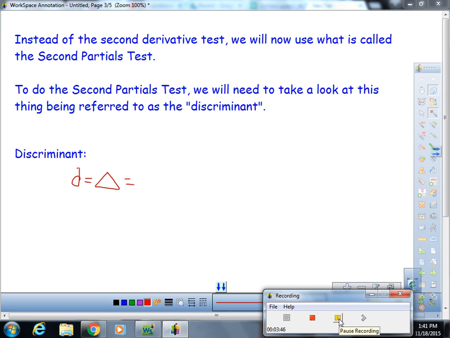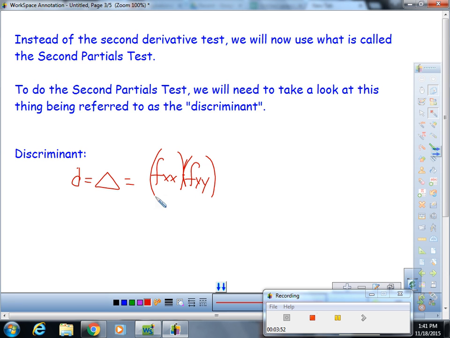So it's f sub xx times f sub yy. I don't want you to think that's a dot product, so I'll use parentheses. And then minus f sub xy squared.